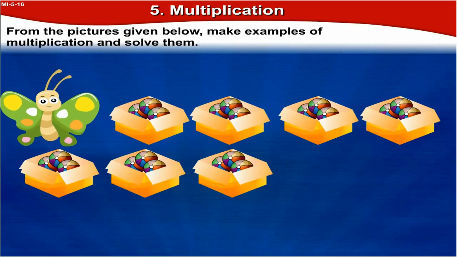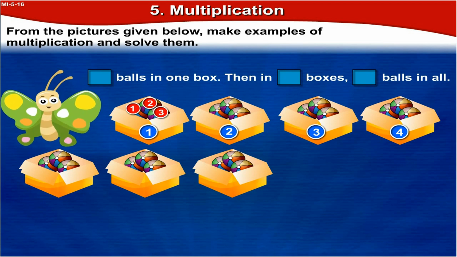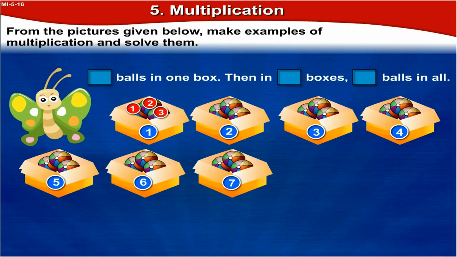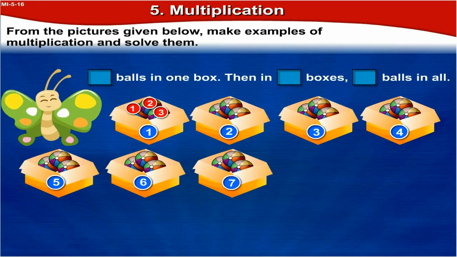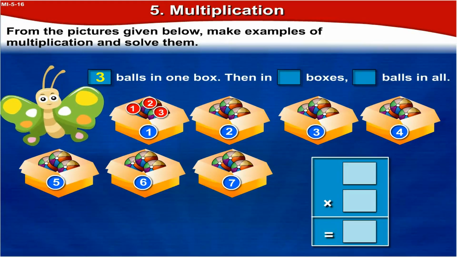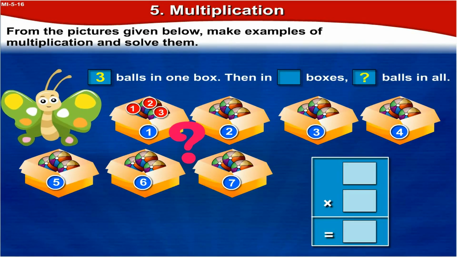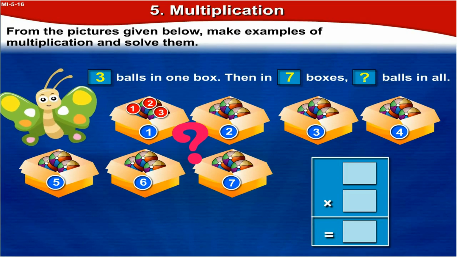Well, let us see the next sum. If you notice, there are 3 balls in one box. And there are 1, 2, 3, 4, 5, 6, 7 boxes in all. So the example of multiplication problem would be, there are 3 balls in each box. How many balls are there in 7 such boxes?